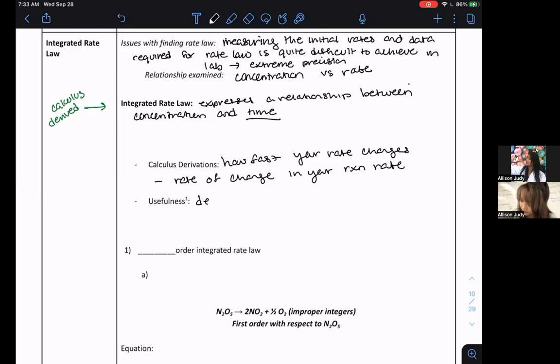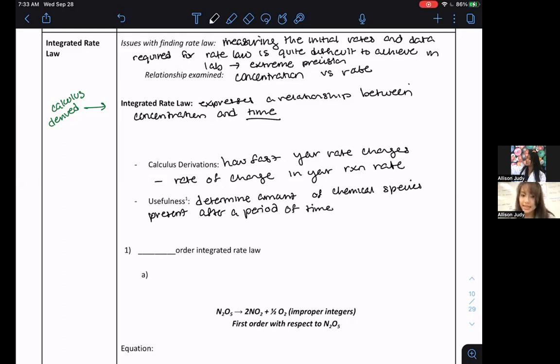And the usefulness of this, which I've already spoken about, is that we are able to determine the amount of chemical species present after a period of time, or at least estimate the time required to reach a certain point in the reaction.